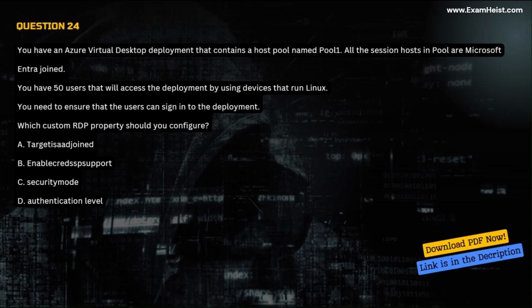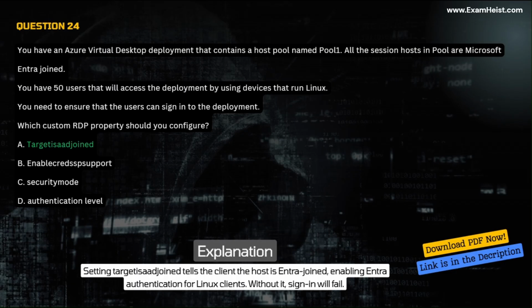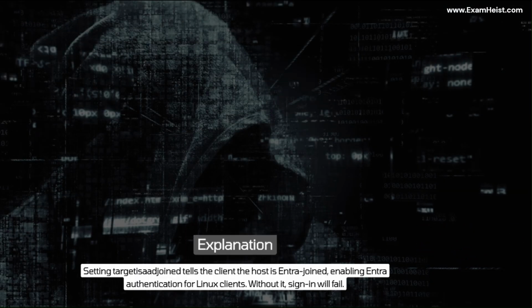A. targetisaadjoined. B. enablecredsspsupport. C. Security mode. D. Authentication level. Correct answer A. targetisaadjoined. Explanation. Setting targetisaadjoined tells the client the host is Entra joined, enabling Entra authentication for Linux clients. Without it, sign-in will fail.